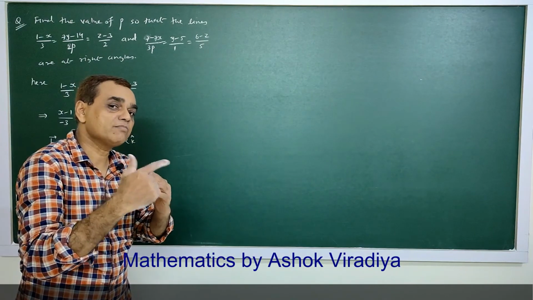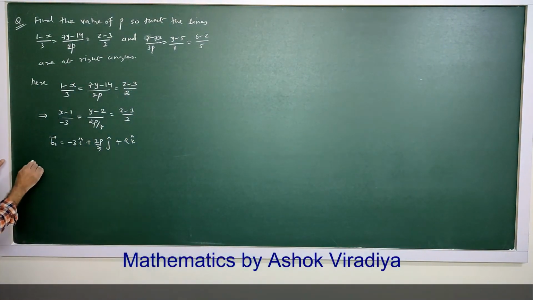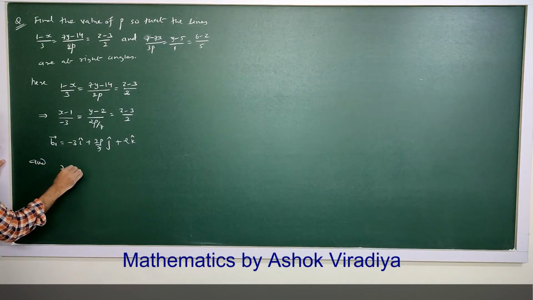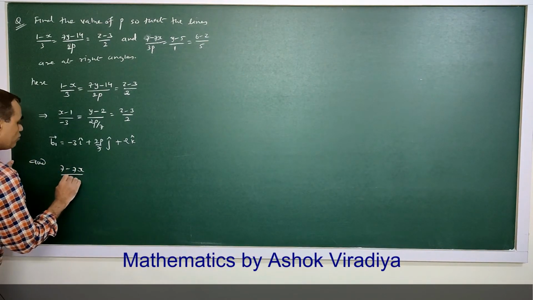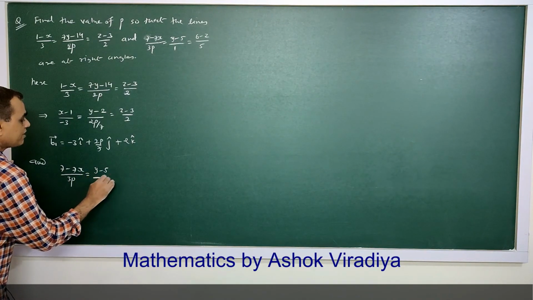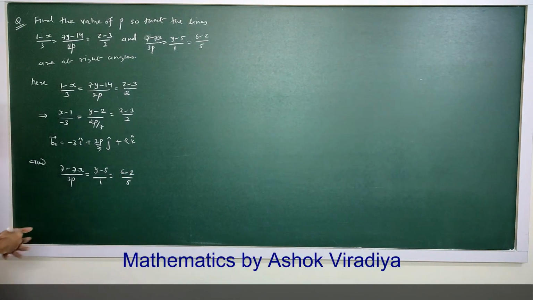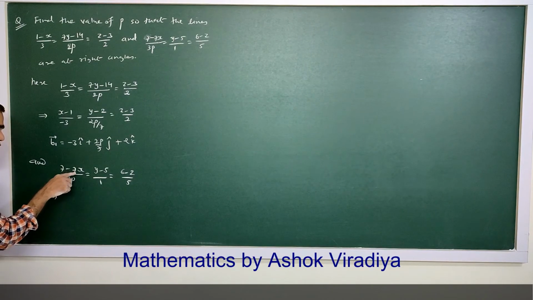You can take A1, B1, C1. Now second line is 7 minus 7x upon 3p equal to y minus 5 by 1 equal to 6 minus z by 5. Again we want here 1x.